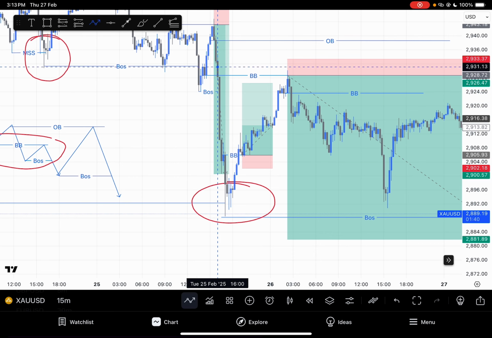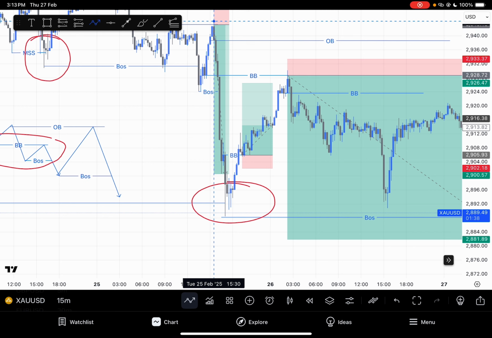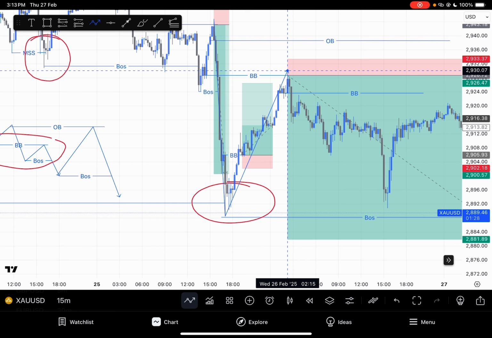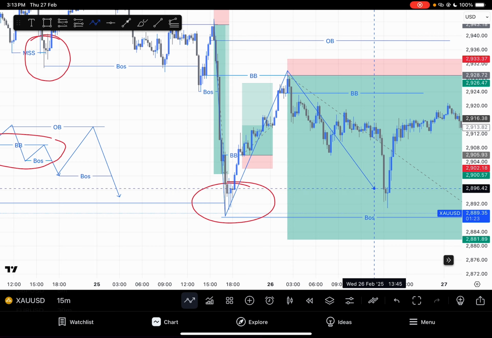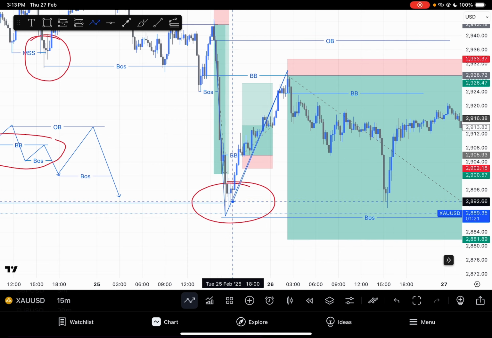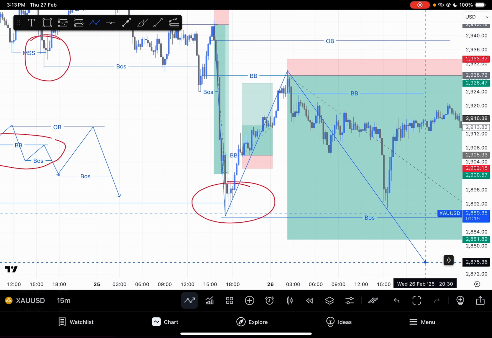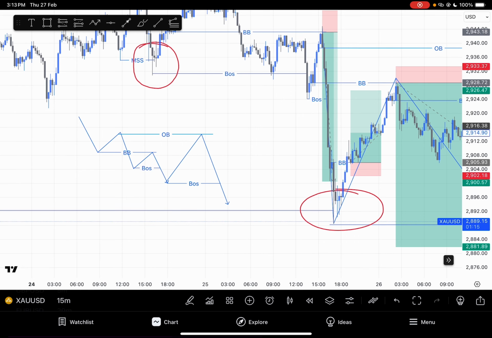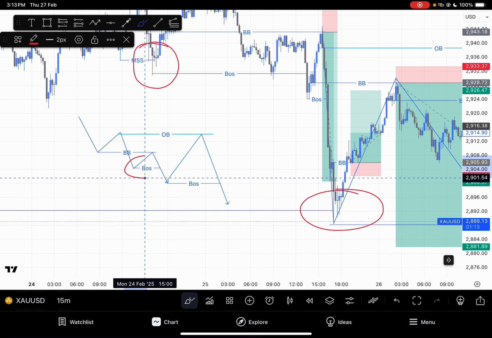Now look at it, the first break of structure, then you see price retest on the breaker block. First of all, retest on the breaker block, then coming down again to take out this sell side liquidity, creating a break of structure, which is this first break of structure here.